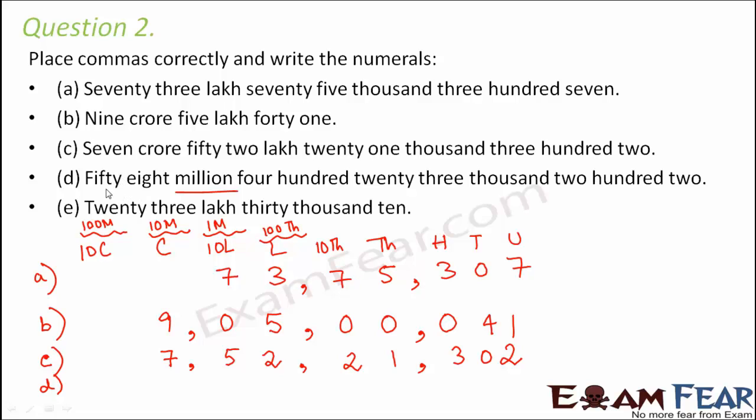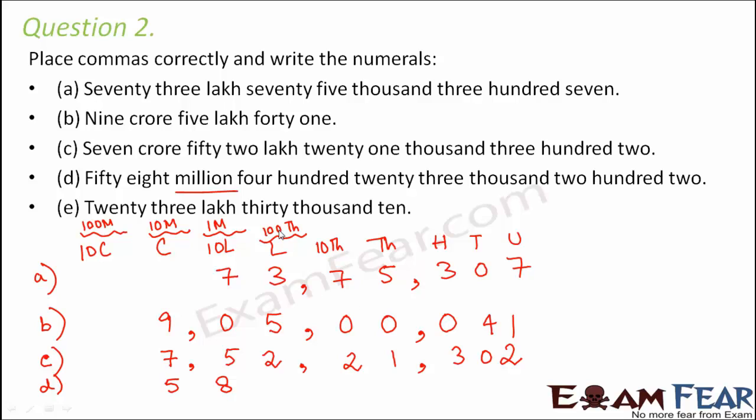It says 58 million. So this 58 million would come in the millions range. Now in the millions range, you have three places: 100 million, 10 million, 1 million. This would fall in the range of 10 million because you have 58 million. So the 5 would be here, the 8 would be here. So this would make it 58 million. Then 423,000.